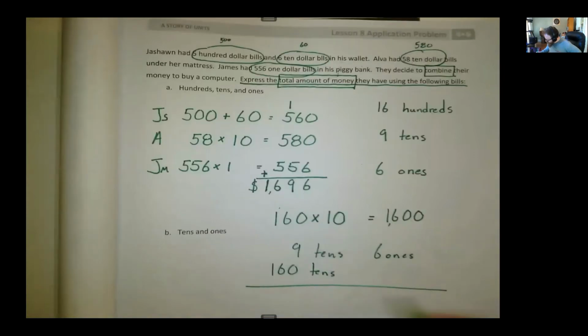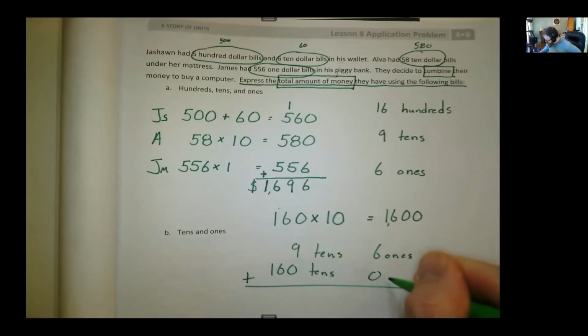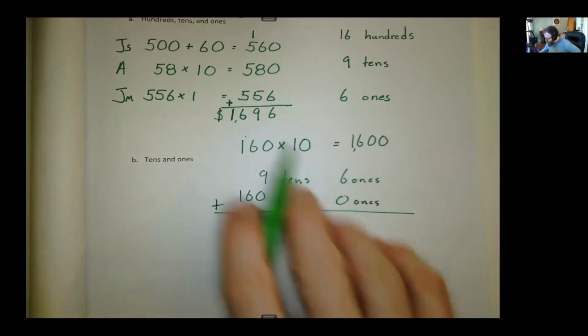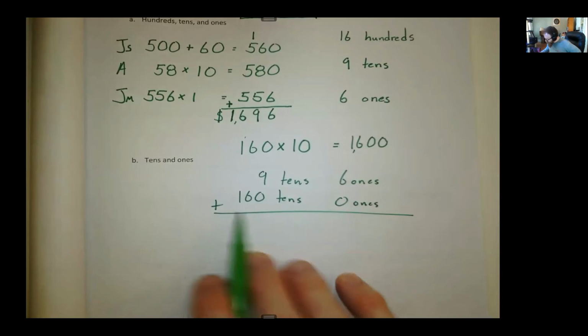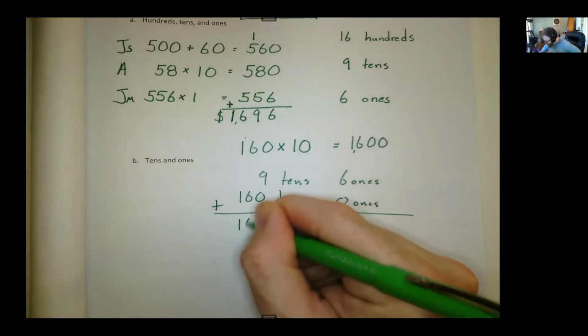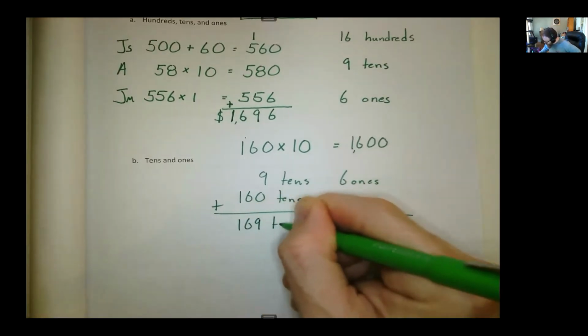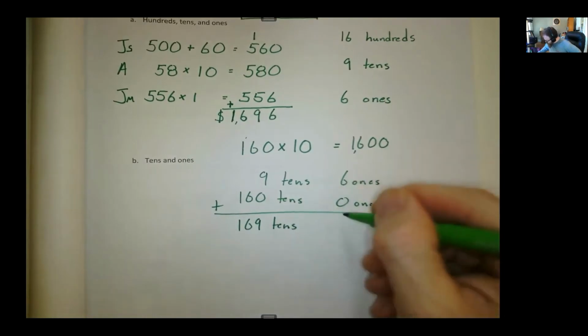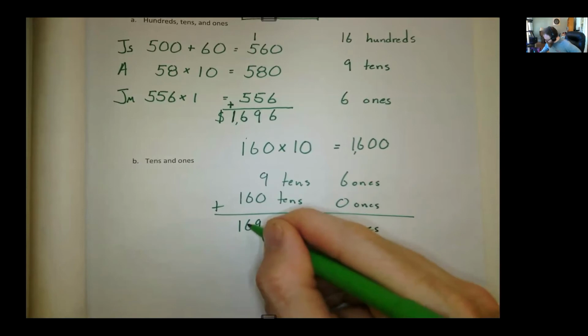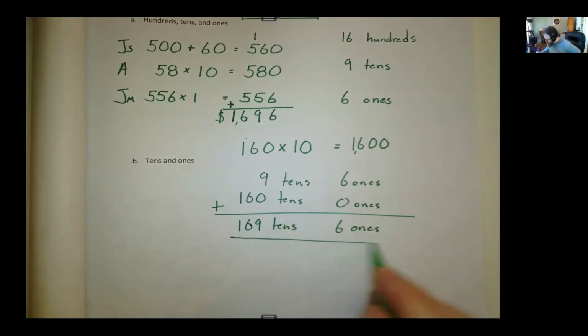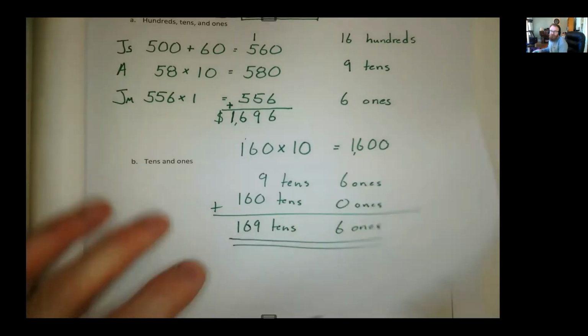So I add the value from our original amount, and when we represent 1600s with tens, we have 160 tens plus 9 tens. That's 169 tens, 6 ones. That's our answer for part B.